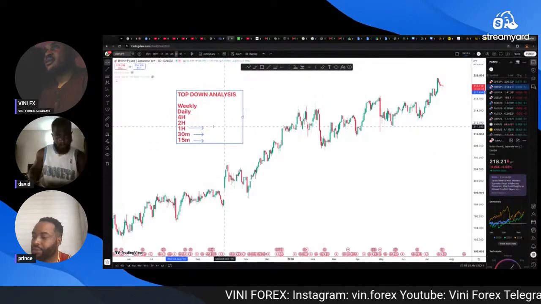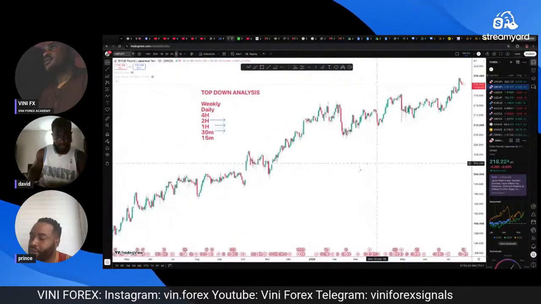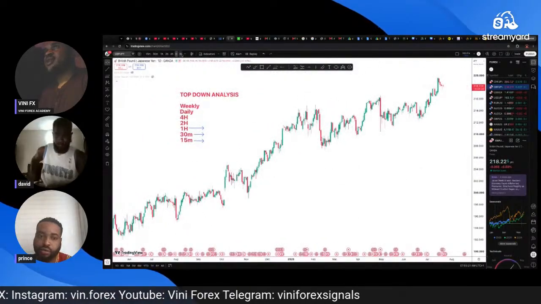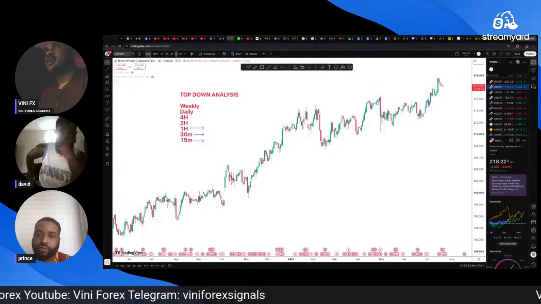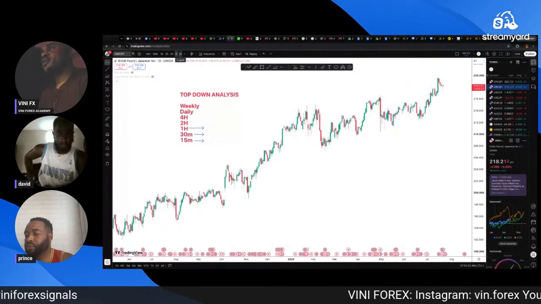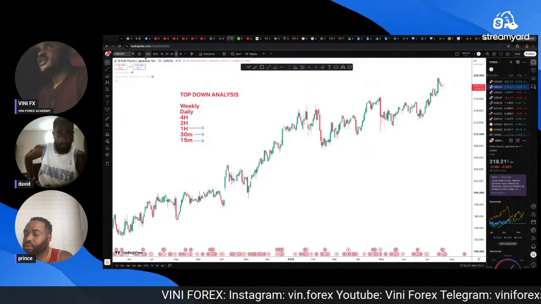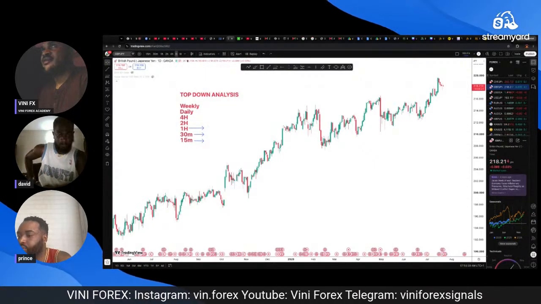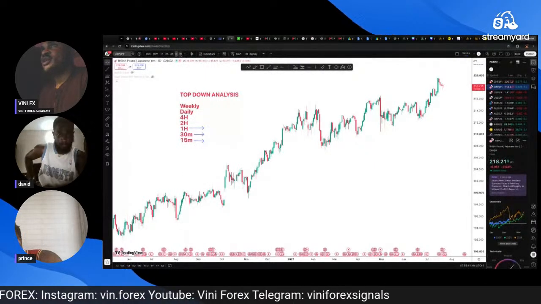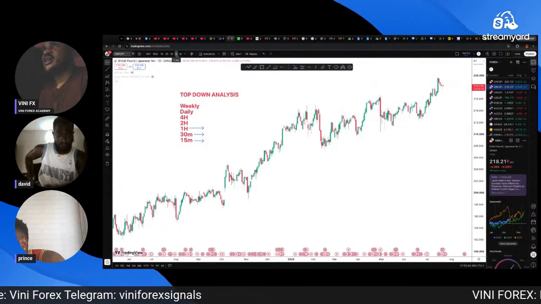So top down analysis, you have seen it, right? Yes, sir. You can see right here is where the time frames are listed. Later you can go to tradingview.com, sign up, and fix yours like this. It's simple, not hard to do, and it's free. This is weekly. Here is W, it stands for weekly, 1 week. Here is D, it stands for 1 day.